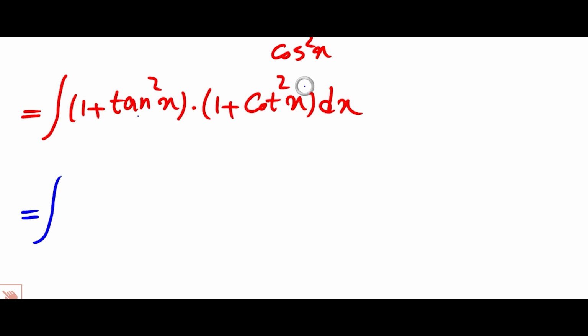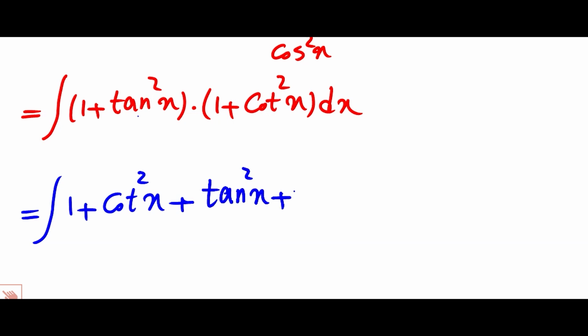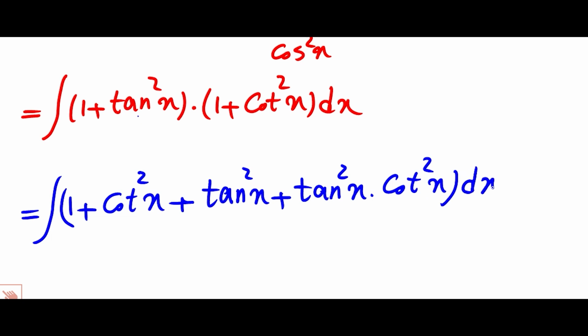1 times 1 plus cotangent squared x equals 1 plus cotangent squared x, plus tangent squared x times 1 plus cotangent squared x equals tangent squared x plus tangent squared x times cotangent squared x dx.